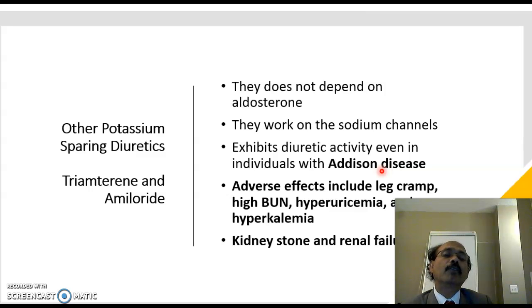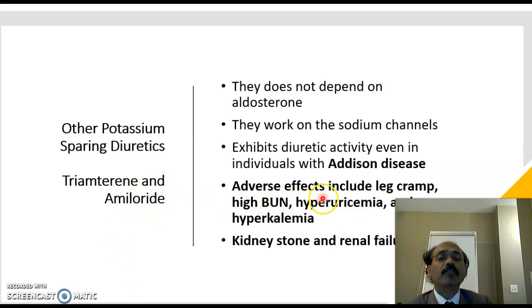If there is no mineralocorticoid, then that does not work. Spironolactone cannot work, but triamterene and amiloride can work even in a patient with Addison disease who has the lack of mineralocorticoid.